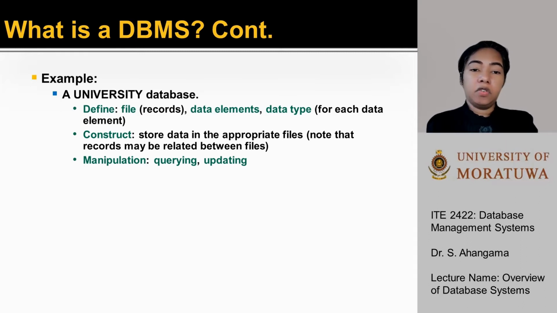Construct, that is, store data in the appropriate files. Here, the records may be related between files. Then manipulating, it's about querying and updating. Your queries and updates must be specified correctly in a database system language like SQL before they can be processed.